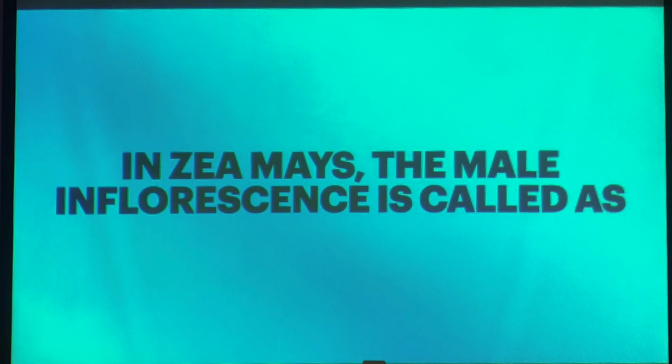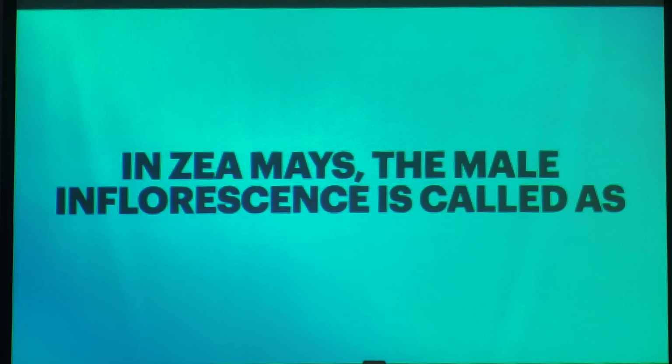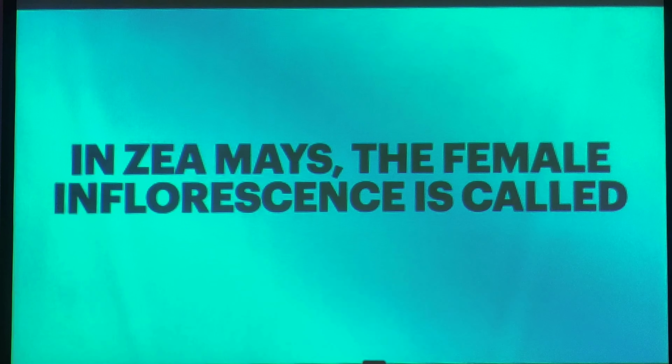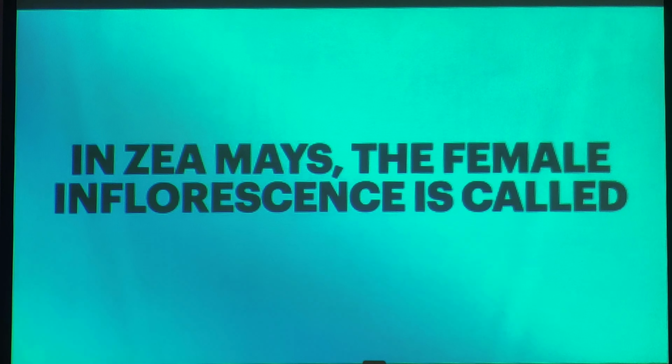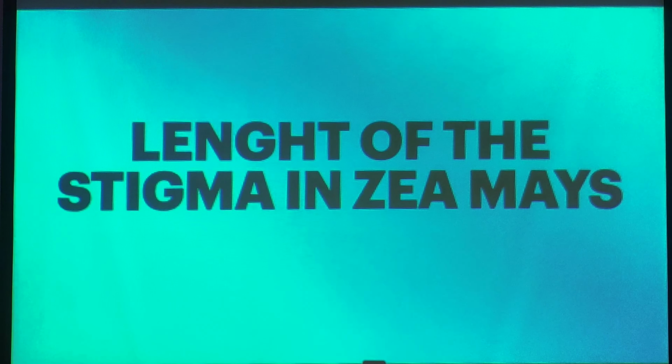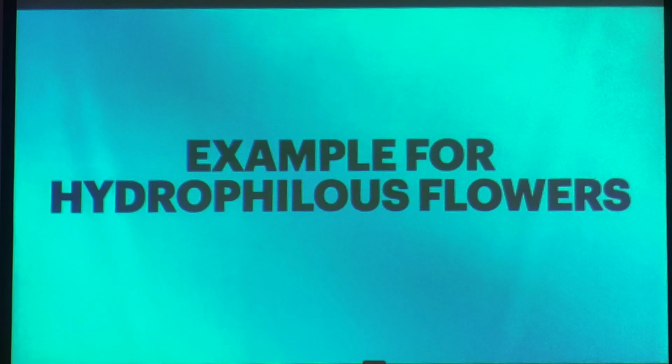Zea mays. In Zea mays, the male inflorescence is called tassel. In Zea mays, the female inflorescence is called cob. Length of the stigma in Zea mays. 23 centimeter.